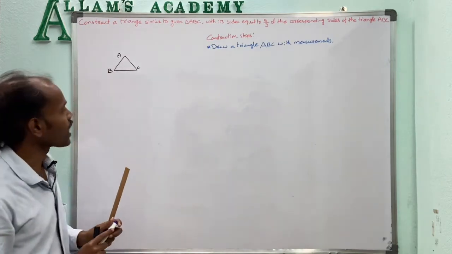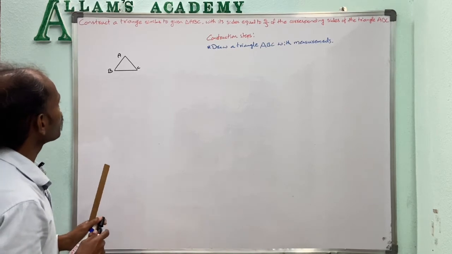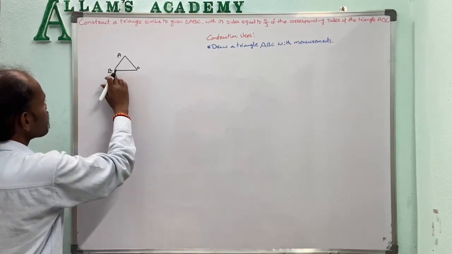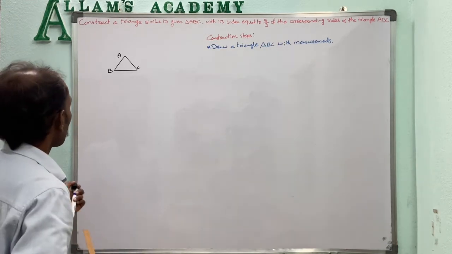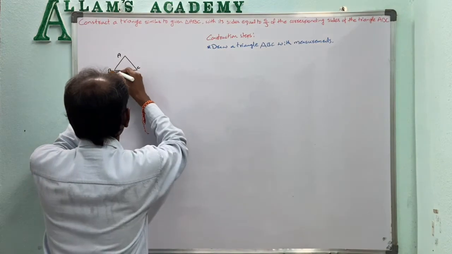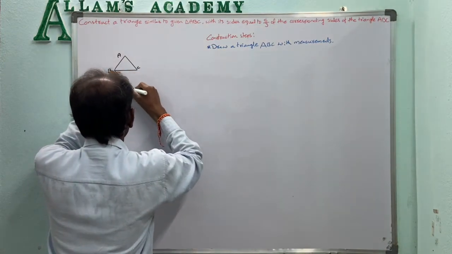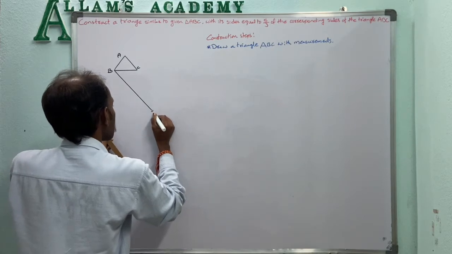So for the drawing purpose we have to draw an acute angle to the base BC, from B of the triangle, that is BX.